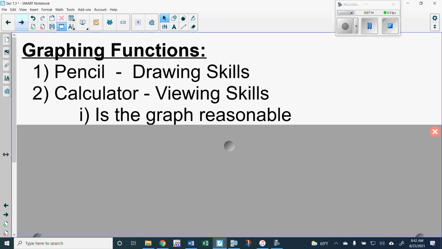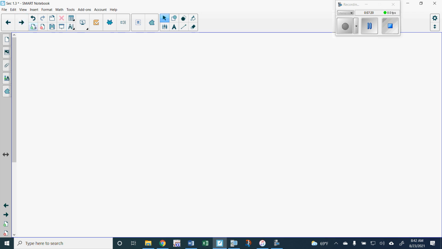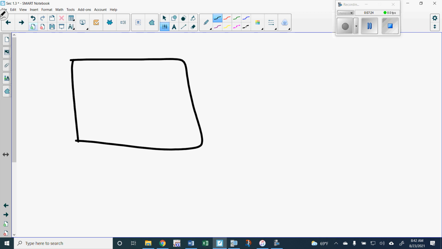For example, if this is our graphing window and you graph some cubic, and you see that, what do you know? You have to expand or zoom out, because you know that's a cubic and that's not the shape. There's more to it than you see. So, is it reasonable?